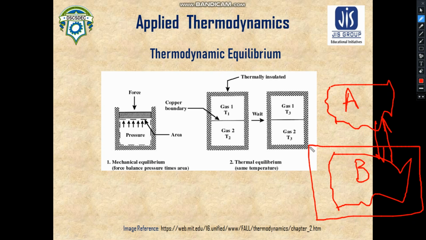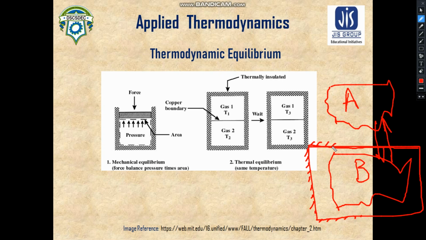Let us consider this as an adiabatic wall. Adiabatic means no heat can penetrate, and we also ensure that there is no provision for other kinds of energy transfer except heat.